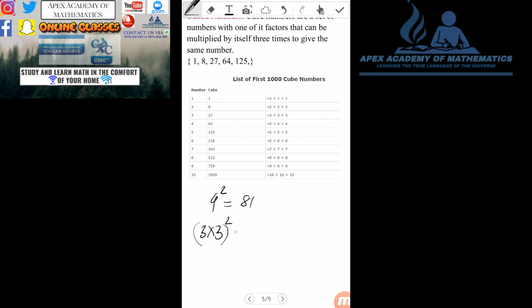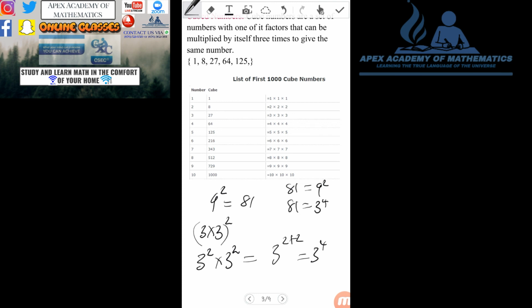So using the power property here, this is basically 3 squared times 3 squared, and according to the multiplication property of indices, we add the powers. So 3 squared times 3 squared is equal to 3 to the 2 plus 2, and that's equal to 3 to the 4th. So here you're seeing that 81 is equal to 9 squared, and also 81 is equal to 3 to the power of 4.